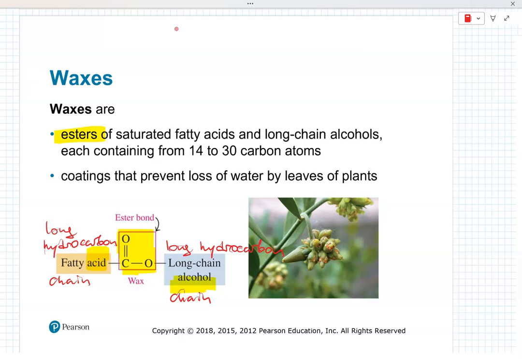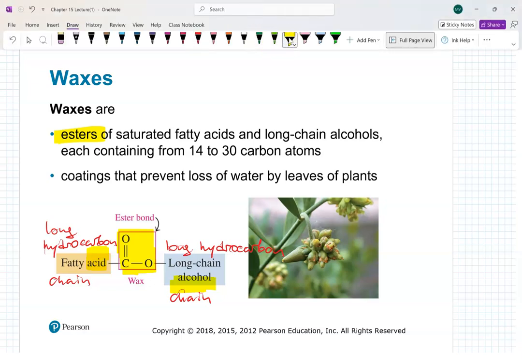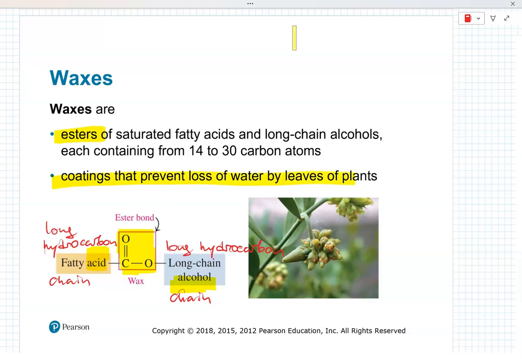Am I making sense? When you have two long hydrocarbon chains that are horribly nonpolar, you're going to get some very, very hydrophobic, water-repelling substance. Am I making sense? So waxes are hydrophobic, which means they repel water, and when they cover the plant leaf, they keep the water inside.